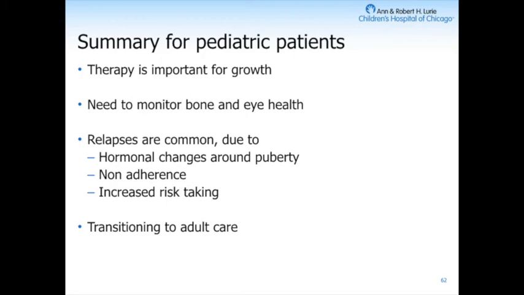Some of it is a financial thing, but when they do go to adult care, they've been with us for 10 or 15 years. They do feel a little bit lost. It's like going from a small high school to a big college campus. You don't know where to go, what to do, and some of them do have more flares at that time. And then there's increased stress as well.